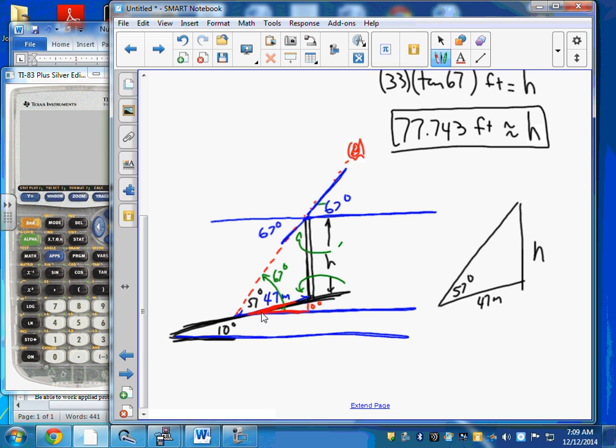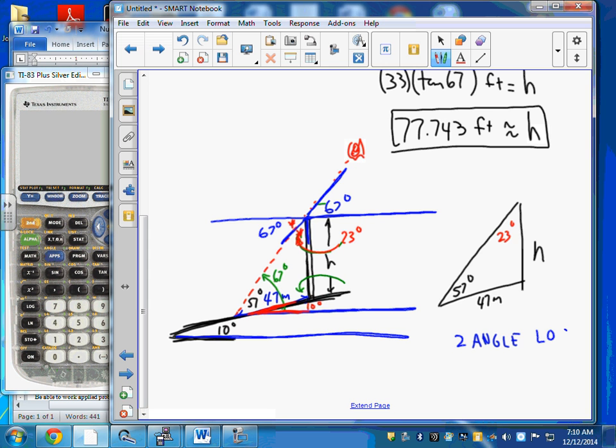And because our tower is vertical, we know that these two angles up in the corner would be complementary angles. They have to add to 90. So this top angle is going to be 23 degrees. Okay, now we have a pair of angles, and whenever you have two angles, that is a law of sines problem.